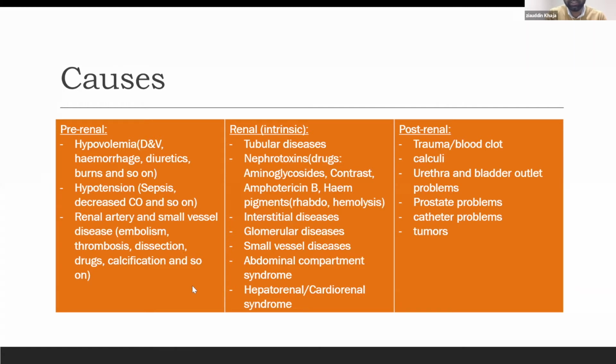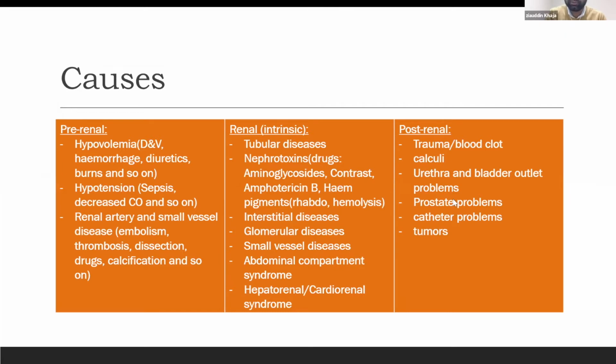So any tubular diseases, nephrotoxins, especially drugs and contrast, and any interstitial diseases of the kidney, glomerular diseases and small vessel diseases. Abdominal compartment syndrome, which is rare, but just to keep in mind. And then hepatorenal or cardiorenal syndromes.